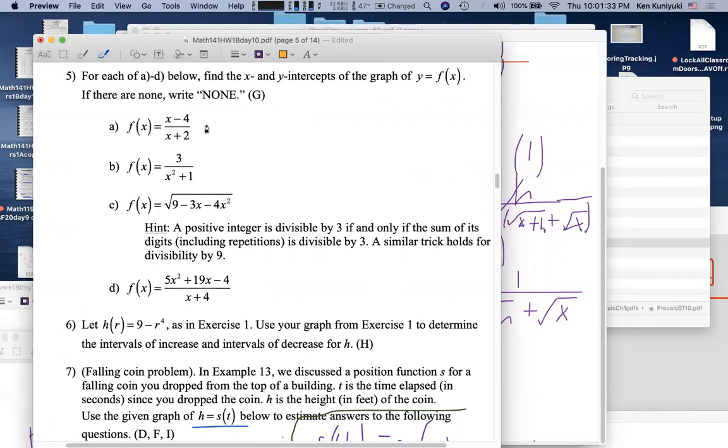All right, the y-intercept is the easier because you plug in x equals 0. Y-intercept, plug in x equals 0, and you get -1, right? F of 0 is -4 over 4, which is -1. So the y-intercept is at (0, -1). That's the easier one. The x-intercepts are harder. That's when you set this equal to 0.